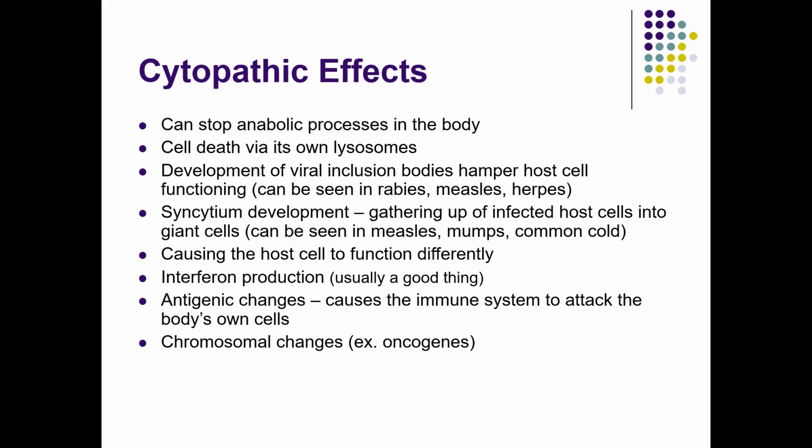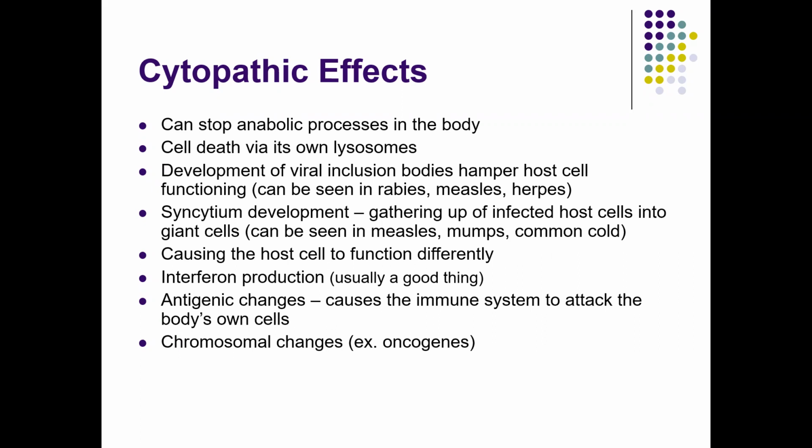Production of interferon. We talk about interferon more in chapter 16. Antigenic changes, somewhat similar to this whole idea of antigenic variation. So it can cause changes in how the immune system responds to things. Antigenic changes also can lead to what we call oncogenic viruses, viruses that can cause cancer.